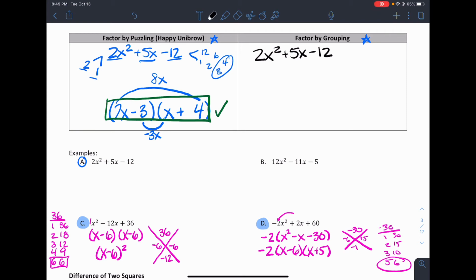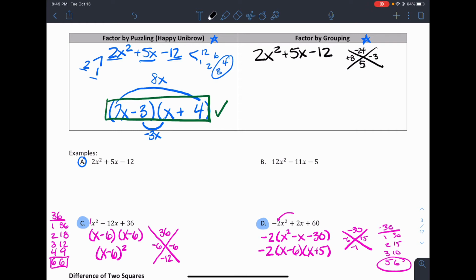Normally, when we built our x, we would put a 12 up top. I'm going to take 2 times 12, first times last, to get negative 24. And then I still need to add to 5. So I need to think of two numbers that multiply to negative 24 and add to positive 5. Well, that would be positive 8 and negative 3.